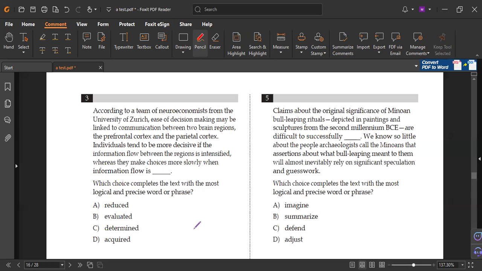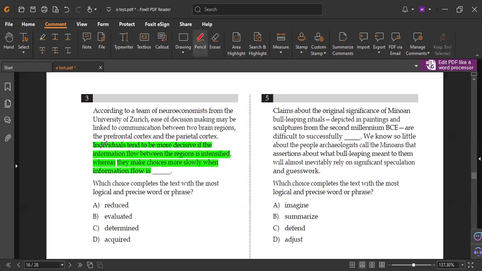Here is the same. Reduced, A. So letter A. What supports A and why is B wrong? Intensified. So I need an antonym for the word intensified. Yes, but how did you know it's antonym language? Whereas: this clause is opposite to this clause.